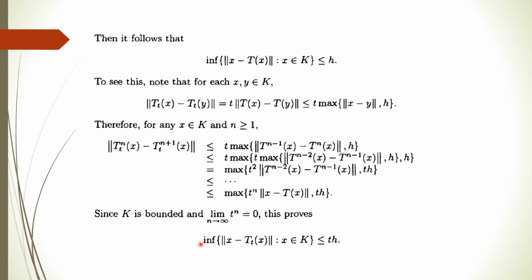So the infimum of the norm of this, whenever x belongs to K, this number is 0 as n goes to infinity, so we are left with only th. So the infimum of the norm of x minus t x for all x belonging to K will be less than or equal to th.